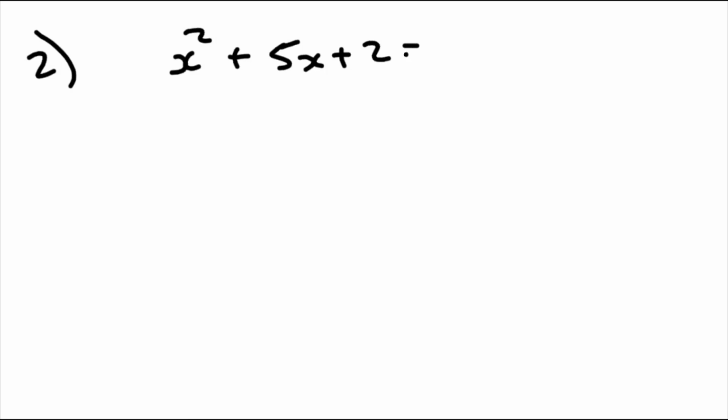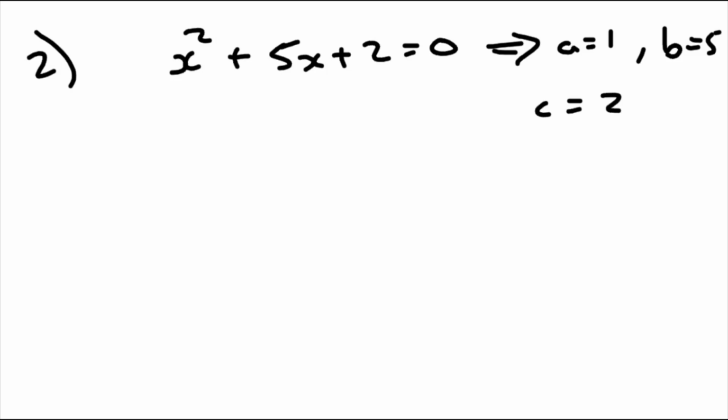Let's have a look at another example. Number 2. Let's take x squared plus 5x plus 2 equals 0. How many solutions does this have? Well, our a value is going to be 1, our b is going to be 5, and our c is going to be 2.